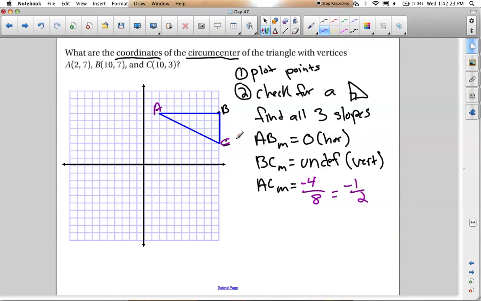Do I have a right triangle? You might be saying I do, because visually I think that here is my 90 degree. Angle B is 90. Well, that is the case, but you have to make sure.